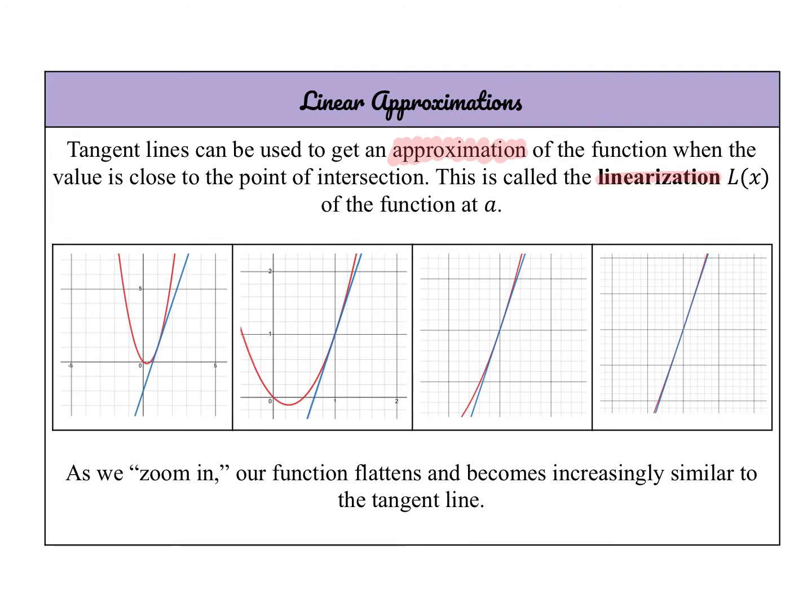The reason we might want to do that is because it might be much easier to evaluate our tangent line function than our original function. In the case of our warm-up, this original function is just a quadratic. It's not too difficult to evaluate, but if it were a much more complicated function, it might be extremely useful to use the tangent line to approximate a value.